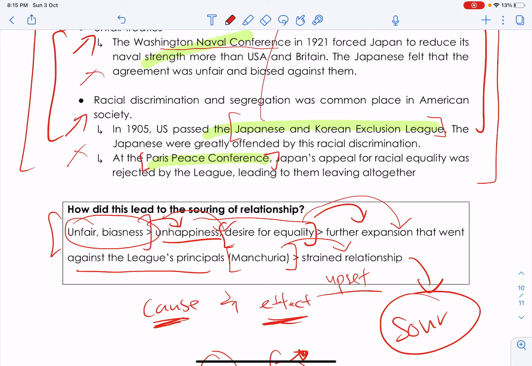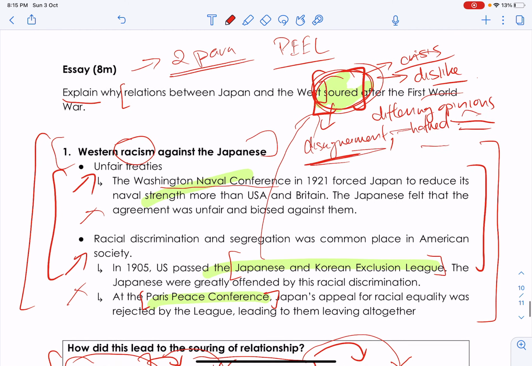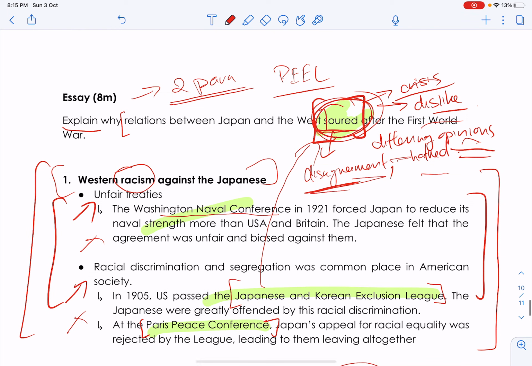All the links are clearly explained and linked back together. So therefore, I'm answering the question about this souring of relationship. Alright, so this is how it should look for your 8-mark question.